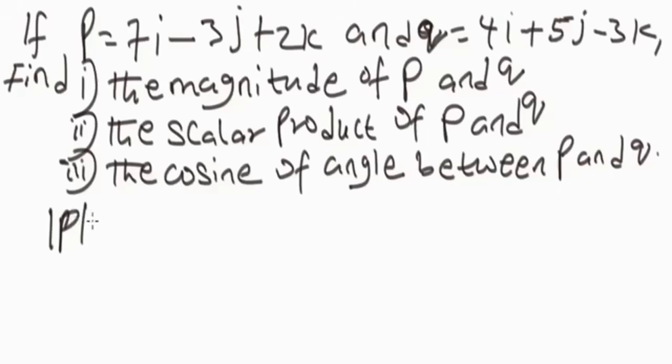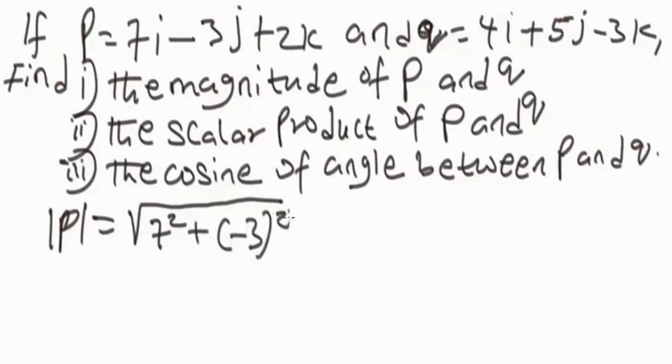So the magnitude of p equals the square root of the squares of the i, j, k values. So the magnitude of vector p would be the square root of 7 square, plus bracket minus 3 square, plus 2 square.